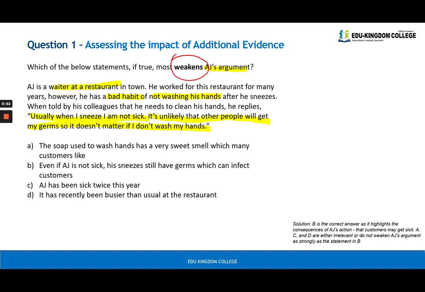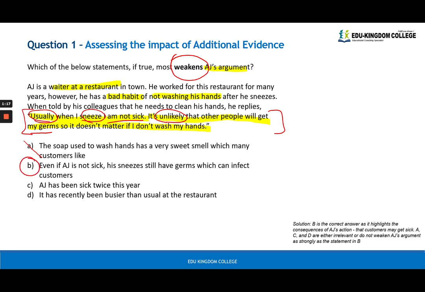Let's look at A. The soap used to wash hands has very sweet smells which many customers like. Now, A doesn't really have anything to do with this main argument that he's saying, which is that usually he's not sick if he sneezes, and it's unlikely that people will get his germs. So A is out. B says, even if AJ is not sick, his sneezes still have germs which can infect customers.